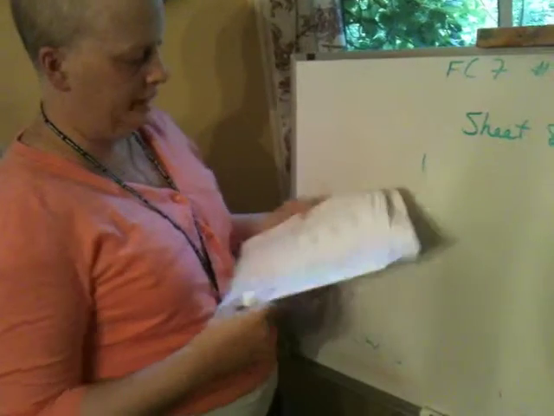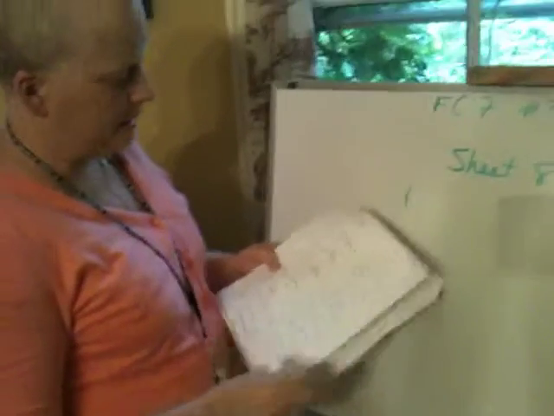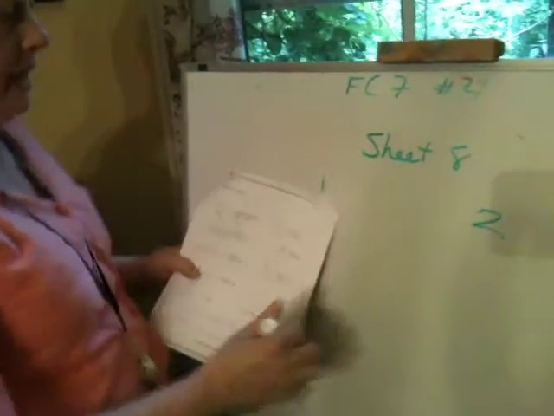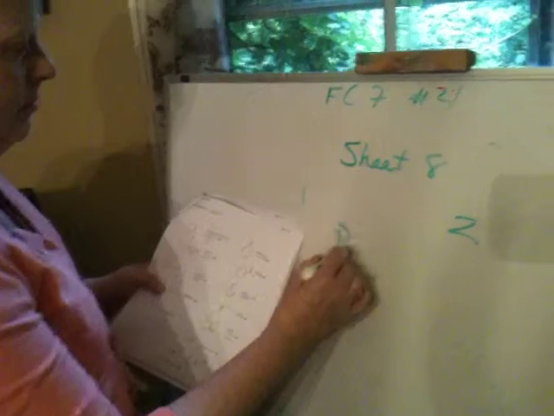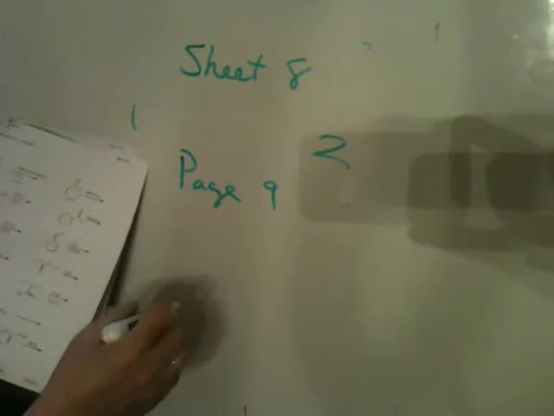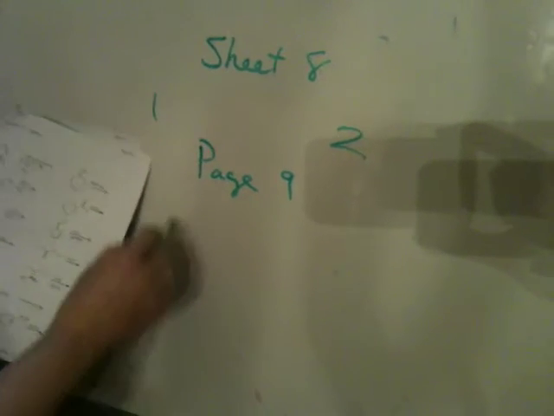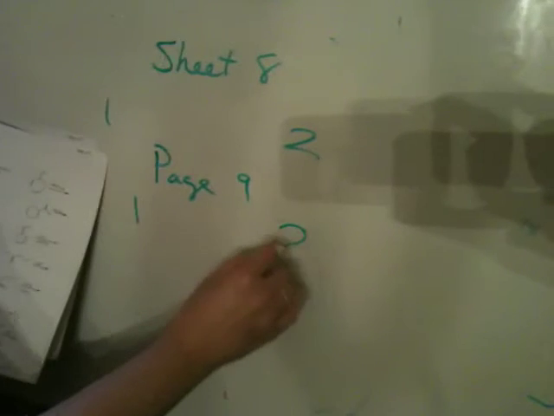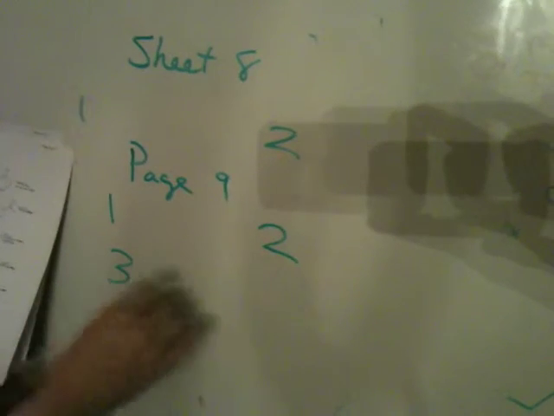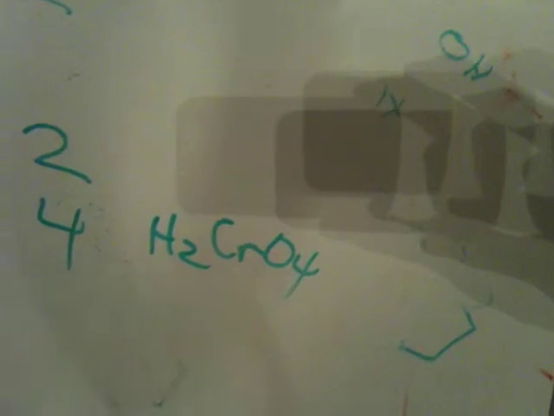As far as page 9 goes, a lot of it is not on this test. So on page 9, you would want to do position 1, 2, 3, 4. When it comes to position 4, you should substitute for the reagent H2CrO4, that's the typo.